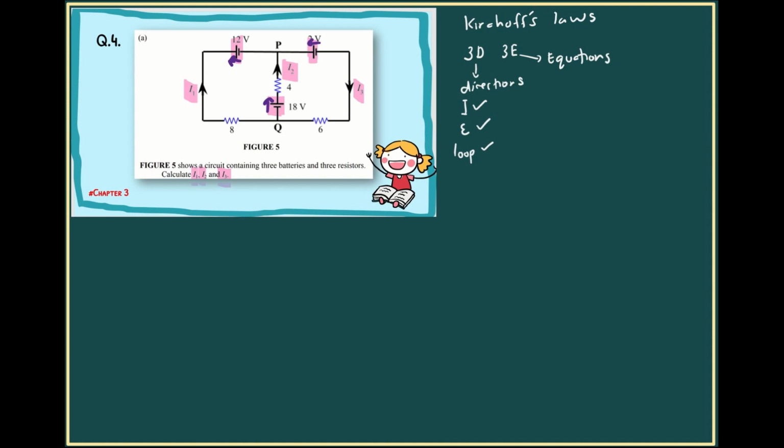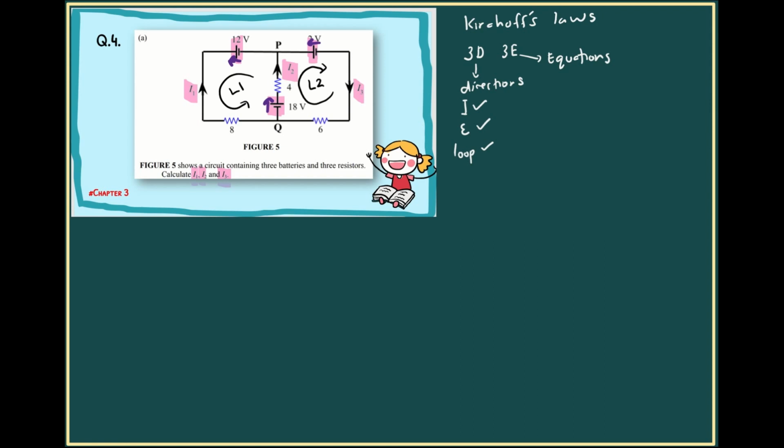It's up to you. You can draw clockwise or anti-clockwise. Mine will be both: for loop number 1, anti-clockwise, and for loop number 2, clockwise.